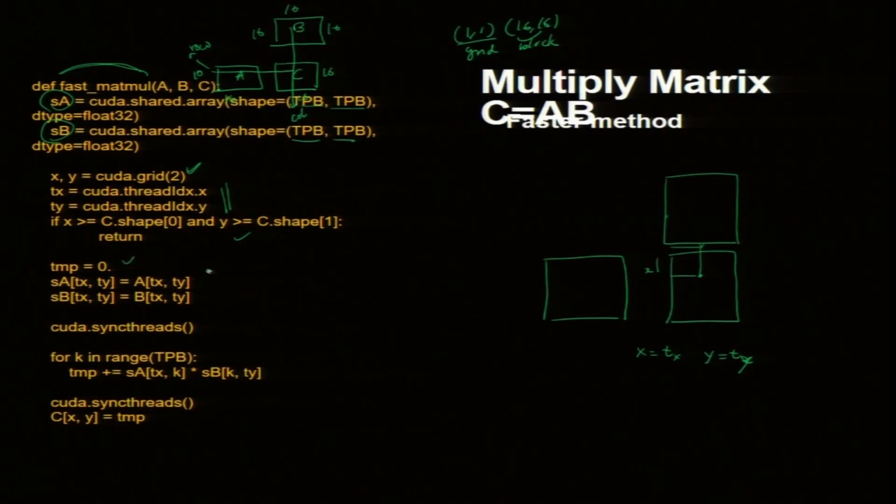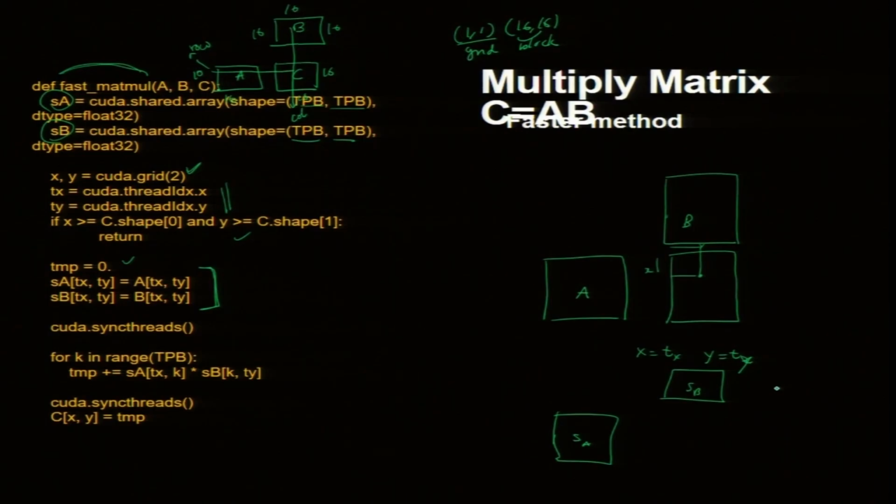So, temp is 0, then I do this: SA[TX, TY] = A[TX, TY] and SB[TX, TY] = B[TX, TY]. It is a trivial statement, but what is it doing? Given TX and TY, for A and B I have created the respective SA and SB.